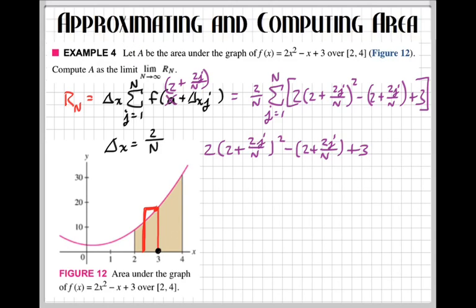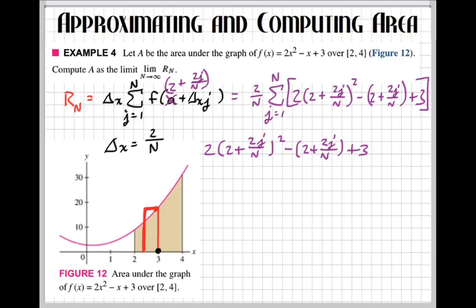Alright, so think of this as three parts. The first part we just did: we have the function and everything plugged into our R sub n summation formula. We have our delta x, and we have the a plus delta x times j plugged into the function.